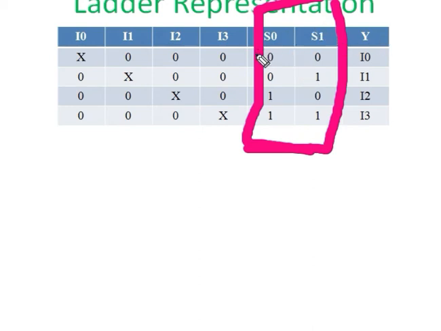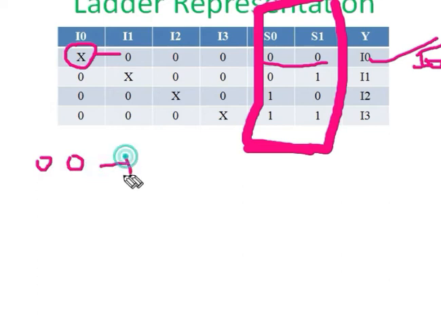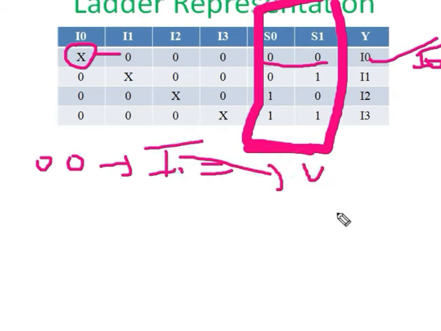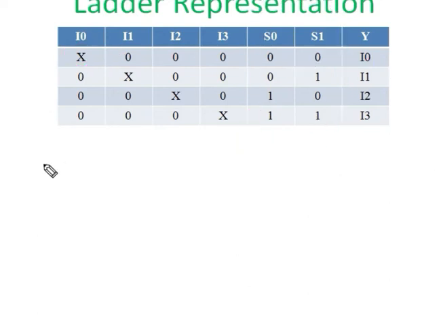Okay, in the 0 0 condition, our input I0 is high and our output is Y0 only. Okay, when you are selecting 0 0, your I0 is high, means 1, and this I0 is moving to the Y0 destination. Okay guys, this is the actual concept. So we will represent it in a ladder diagram.